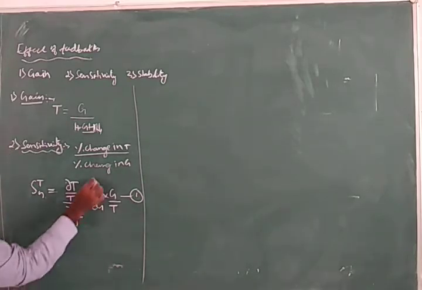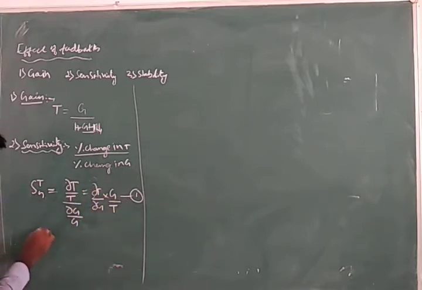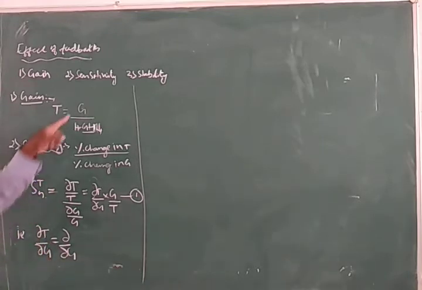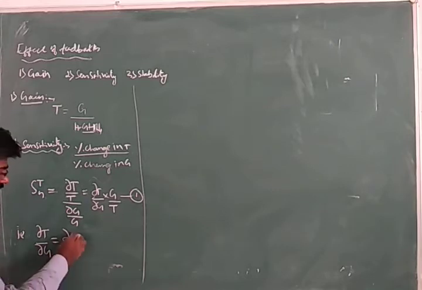Now consider the first part of equation 1, that is dou T divided by dou G. So here dou by dou G of, we know what the transfer function is, G divided by 1 plus GH. Substitute the value of T in this equation.